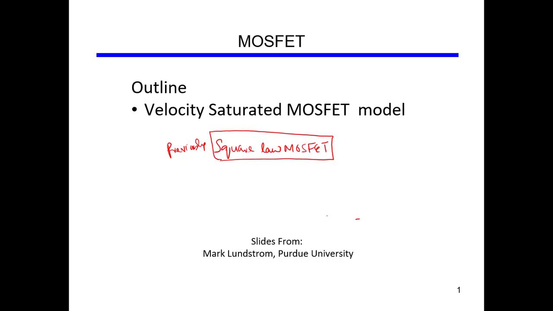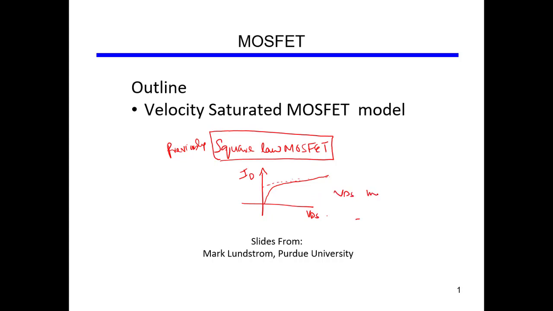Now we consider the velocity saturated MOSFETs. So remember that velocity saturated MOSFETs are the ones in which the current does not saturate, but it has some dependence on VDS.